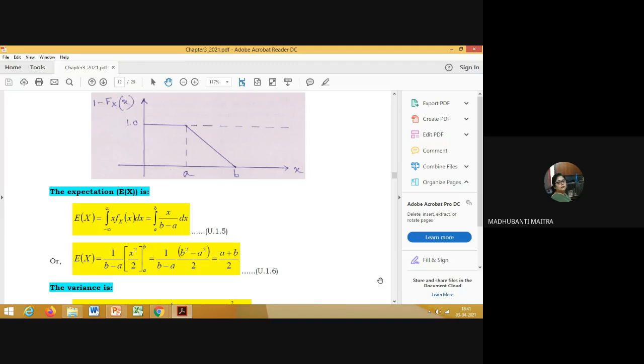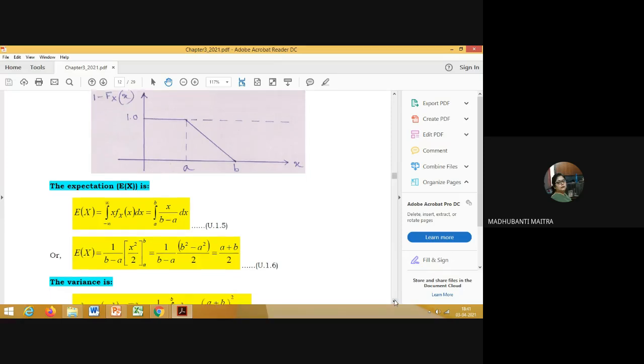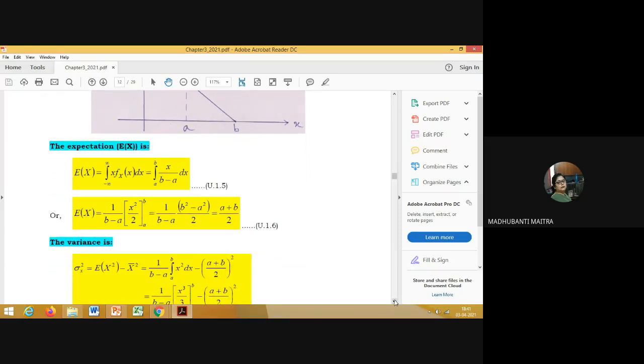If we perform the integration, it's quite straightforward. We'll find that expectation of x is equal to 1 by b minus a, which we can take out of the integration sign, times x square by 2, with limits a to b.